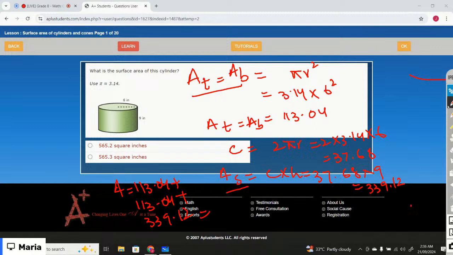Then the area of side is c times height, which is 339.12.